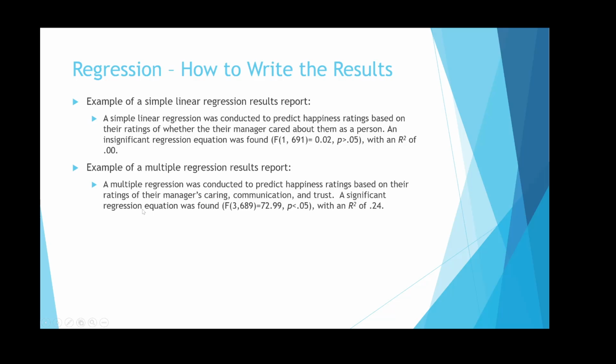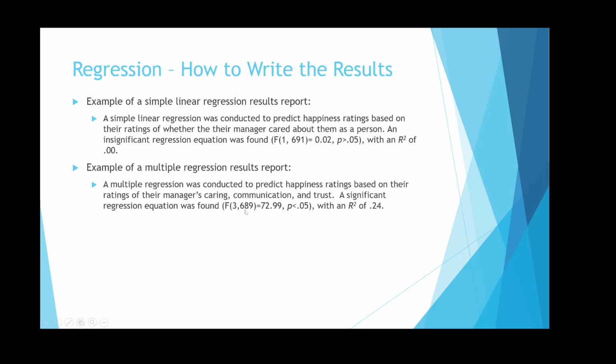Now with the multiple regression, it's going to be kind of similar. I'm actually going to add something to this. A multiple regression was conducted to predict happiness ratings, our dependent variable, based on the three predictors. So their ratings of their managers' caring, communication, and trust. A significant regression equation was found.